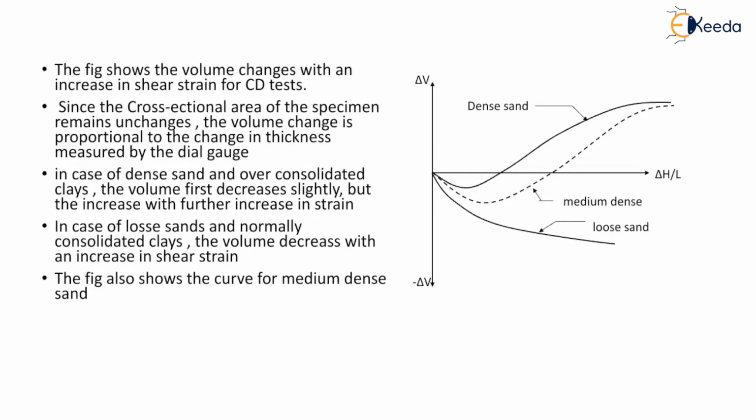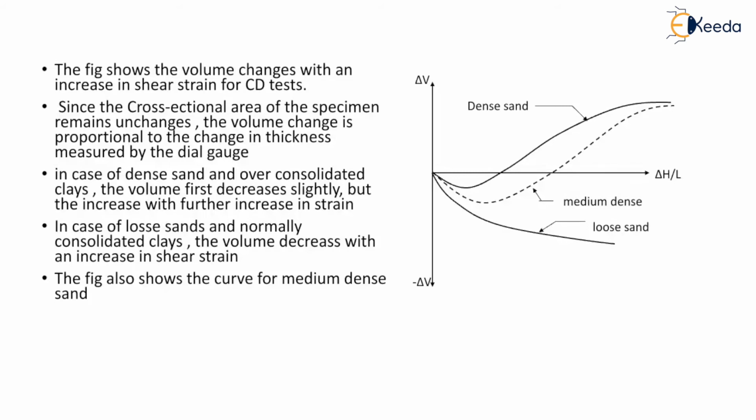So one thing we should keep in mind that for a particular experiment, value of normal stress is kept constant and value of shear stress and shear strain is changed. So this variation in shear stress and strain is plotted in the form of stress strain curve and also in the form of this volume versus strain curve.